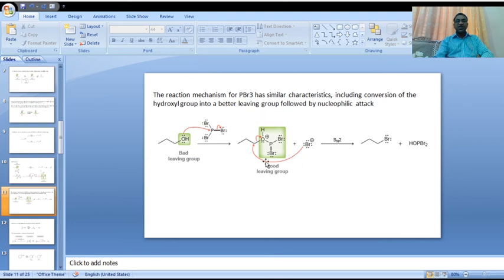This bulky group, which we are showing in a separate box, is a good leaving group.